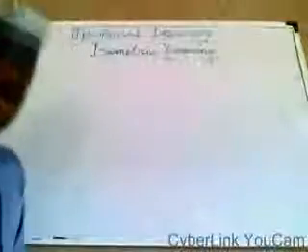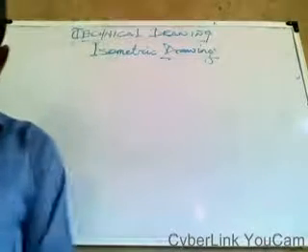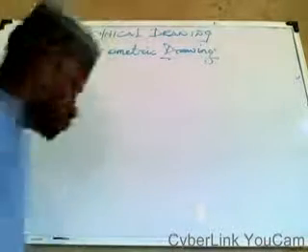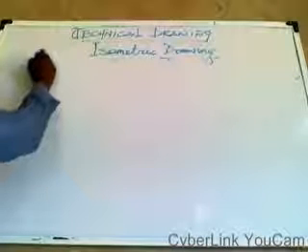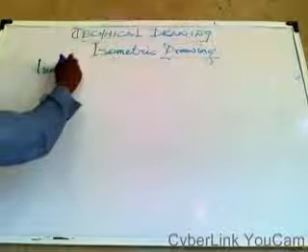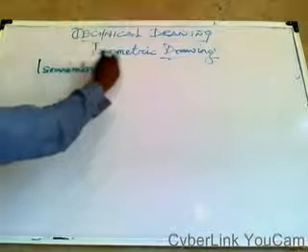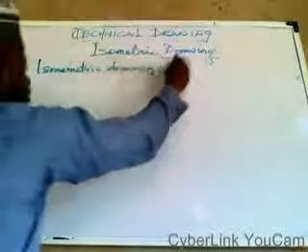So before then, I will now give you what you are going to do. That's it. So, procedure: isometric drawing of an ellipse.